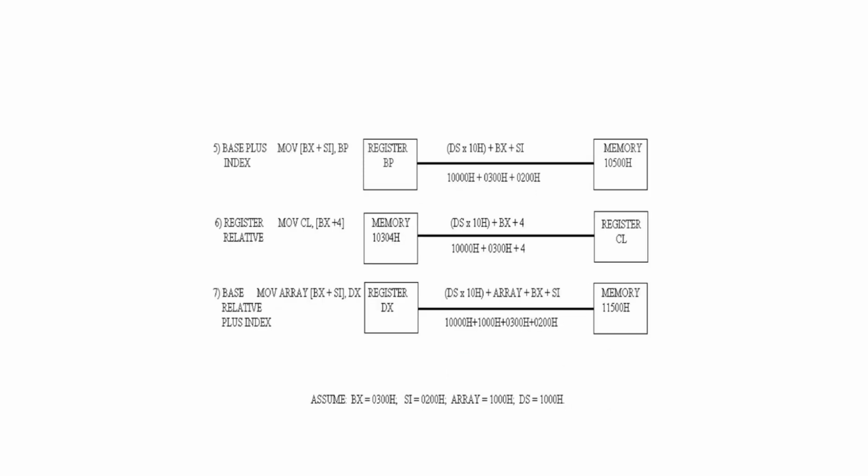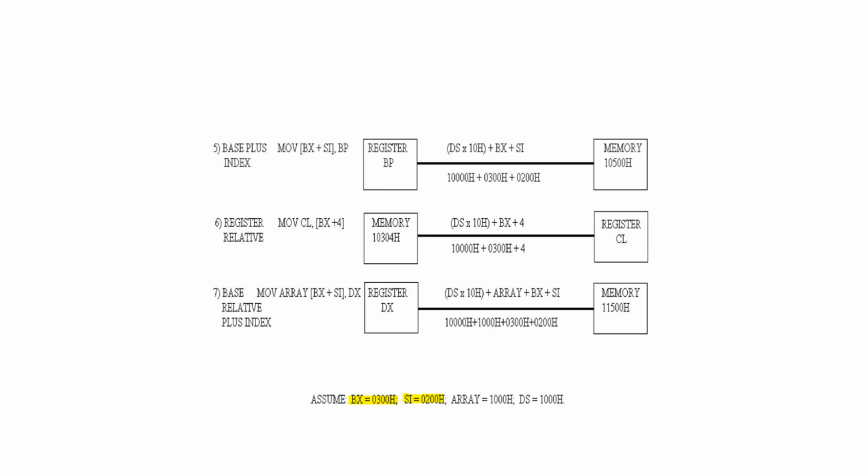Then the fifth subdivision of addressing mode, base index addressing. Here they mention the source index, SI. Assume the SI content is 0200, and as I already told you, assume BX is 0300. In base index addressing, the BX content and SI content are directly added.